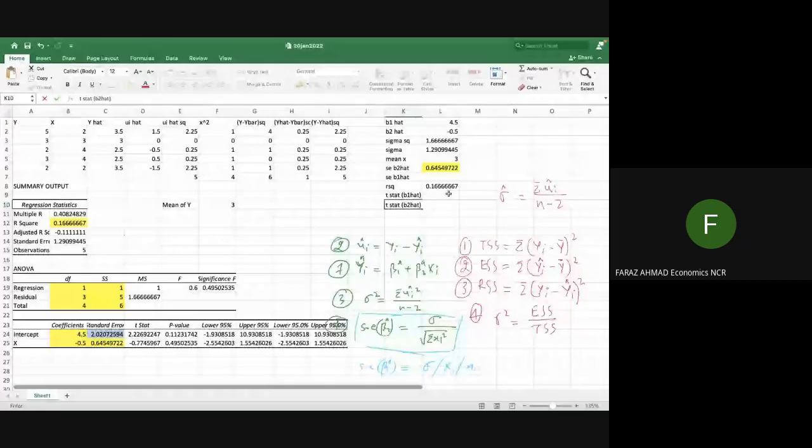So the formulas are simple. I'll just divide the value of the statistic with its standard error. So let me take the standard error from the table itself.